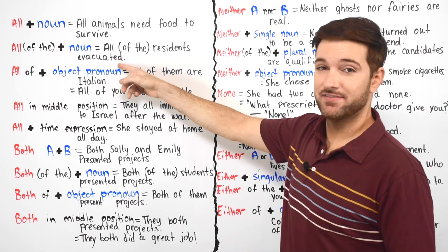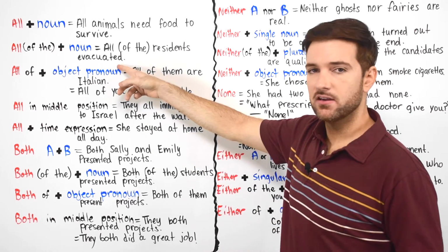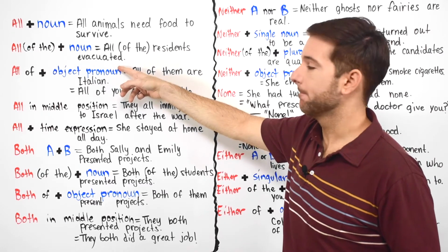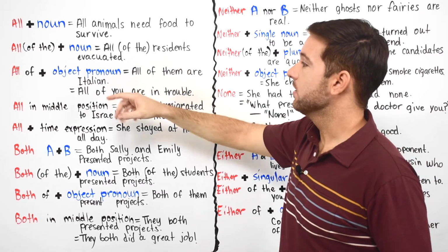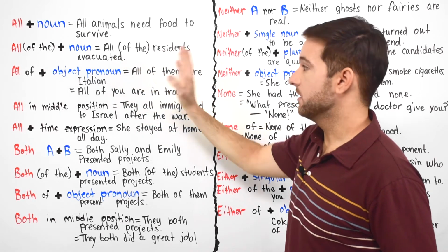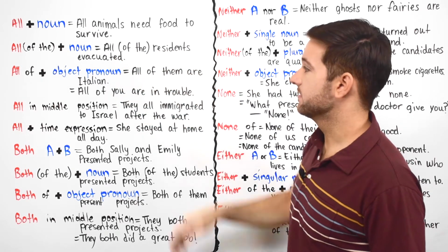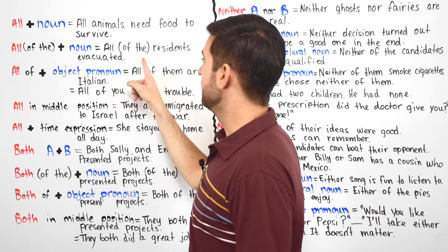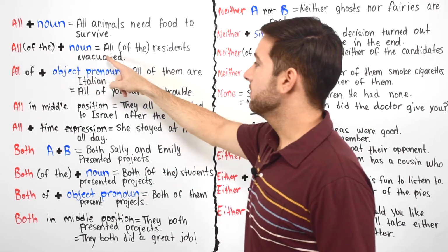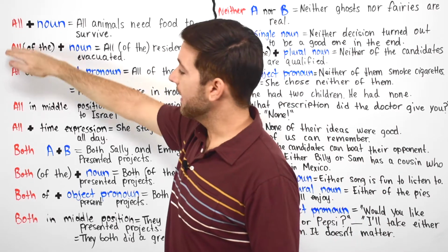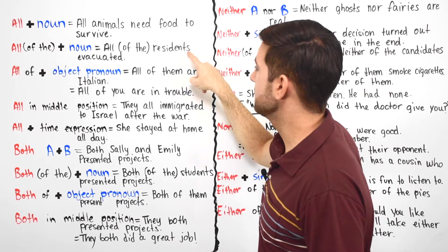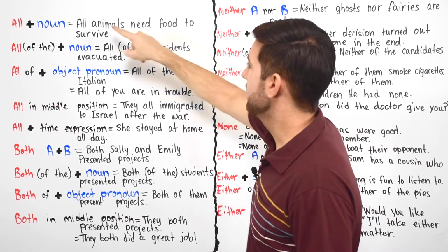Evacuated means you have to leave. Maybe there's a fire, an earthquake, a tornado, bad weather. You have to evacuate. All of the residents evacuated. Or you could say all residents evacuated. But here you can see we have all of the, and then we have a noun. Remember, the noun, when we use all, has to go in the plural form, so we always need an S. See, we have an S for residents.